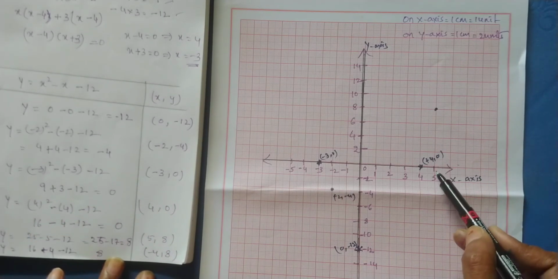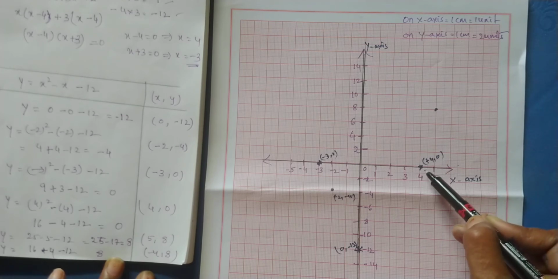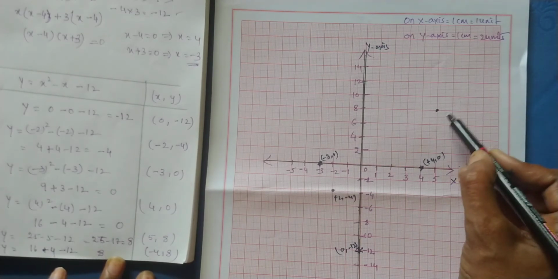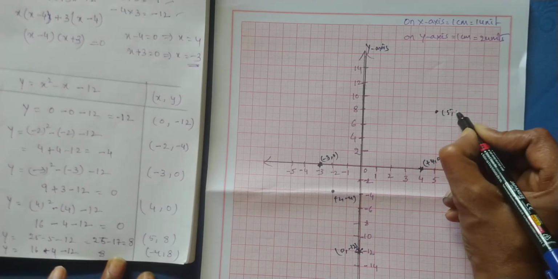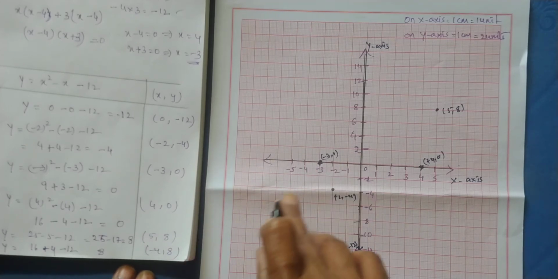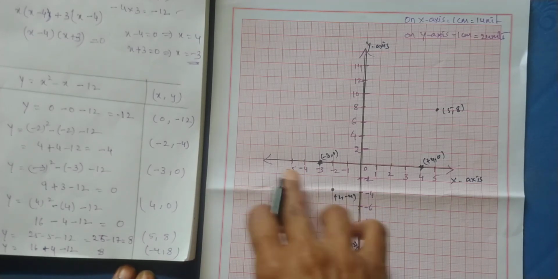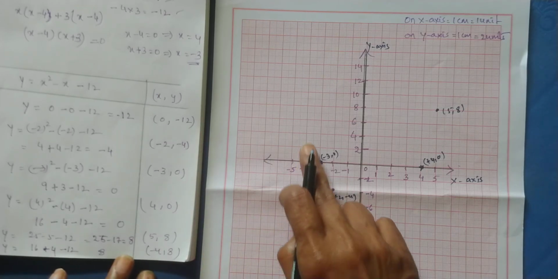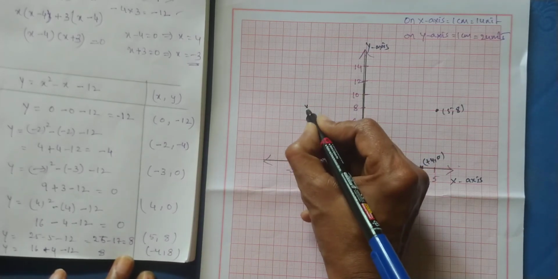So above 4, I have taken the next value, that is 5. That's why the graph is going like this. The intersecting point I am getting here is 5, 8. Similarly here I have taken the next value, that is -4. When it is -4, it is intersecting at -4 and 8.